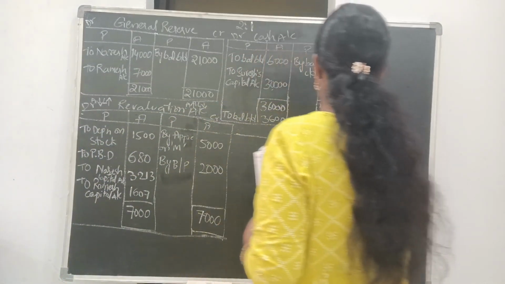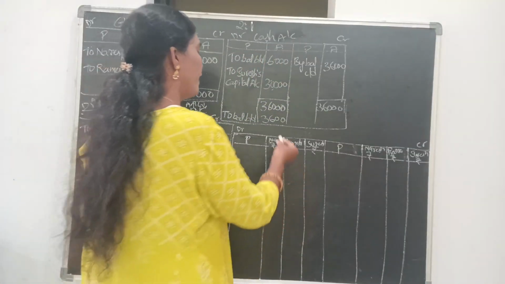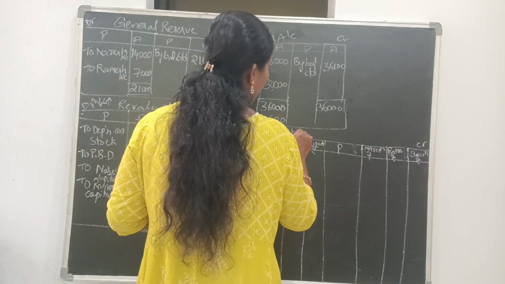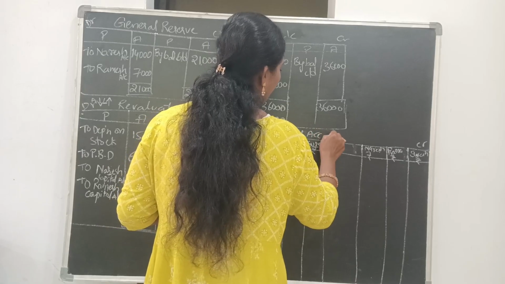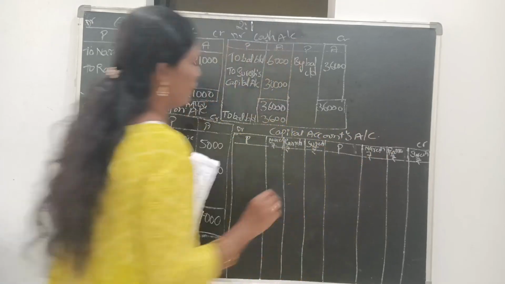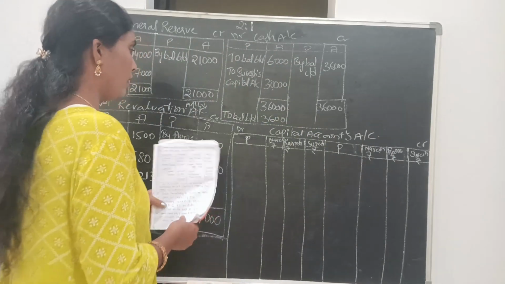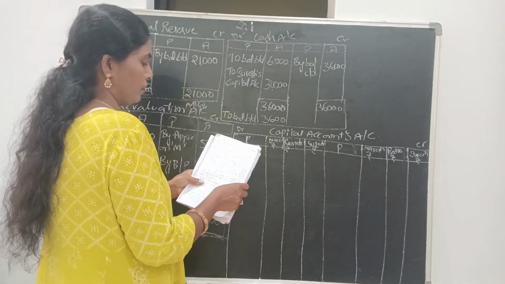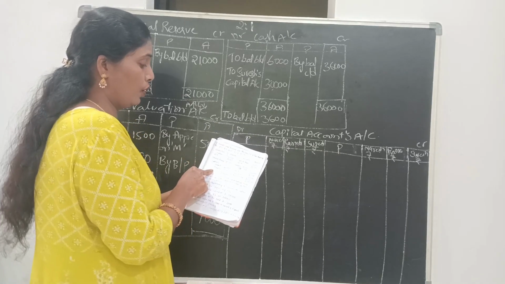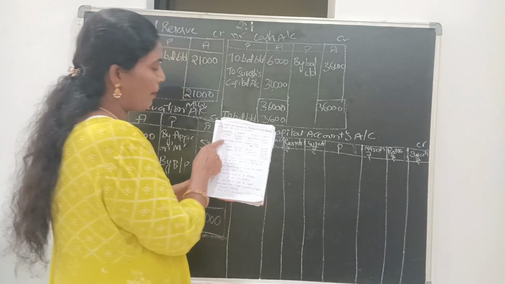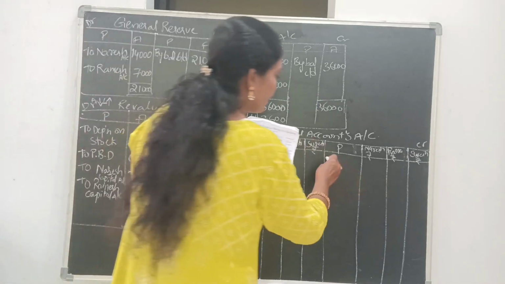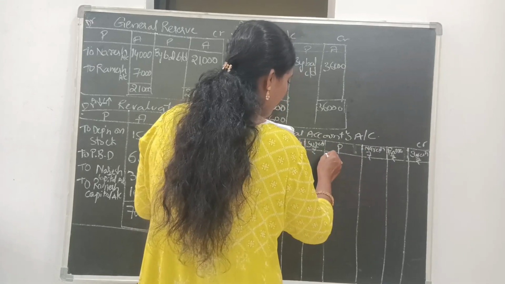Next we are going to prepare the capital accounts of the three partners, Naresh, Ramesh and Suresh. So this is a capital account. First we need to post the capitals of old partners. The capitals of old partners are on the left side, so we need to post them on the opposite side.